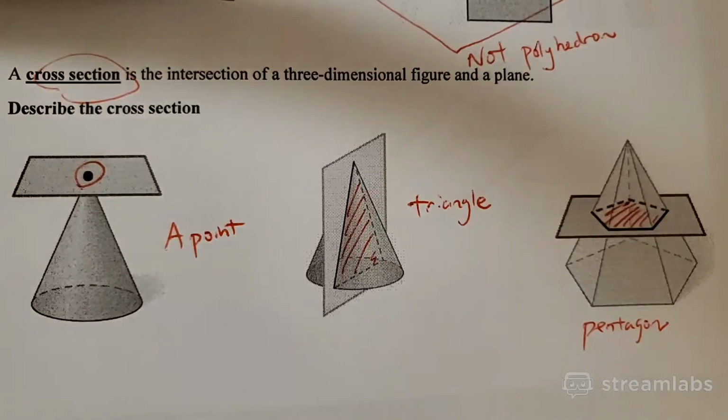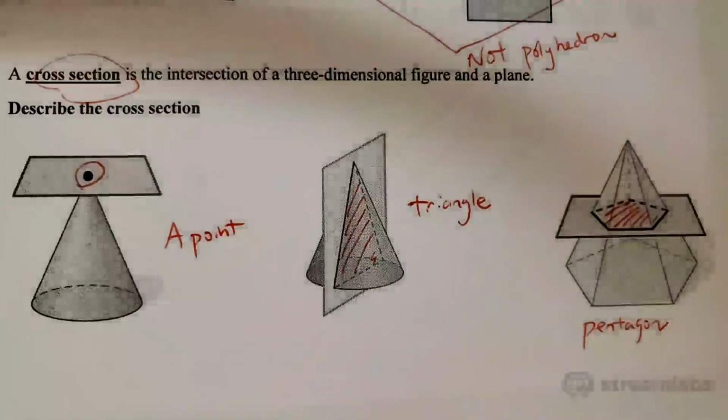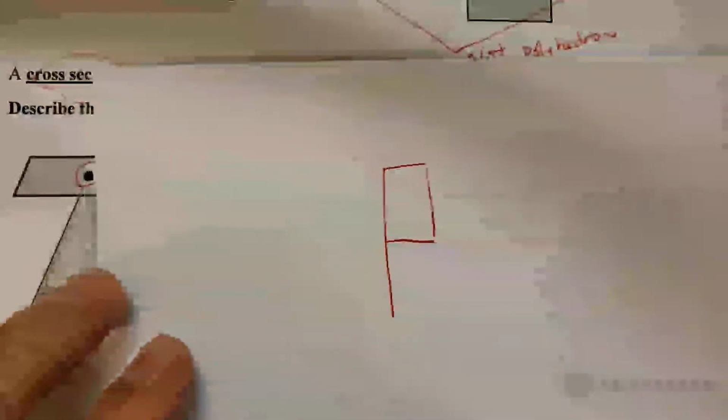Alright. So, the last part I want to talk about is, if I have a rectangular flag like this, or I have a triangular flag like this, what happens if I rotate them really, really fast?